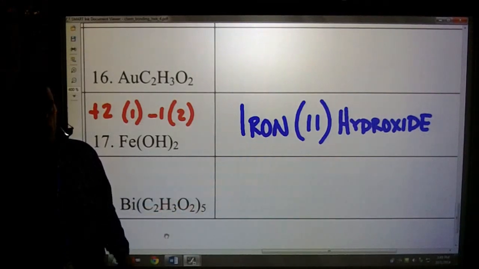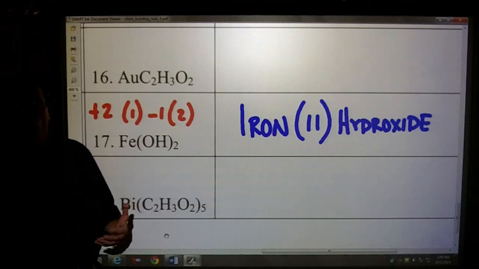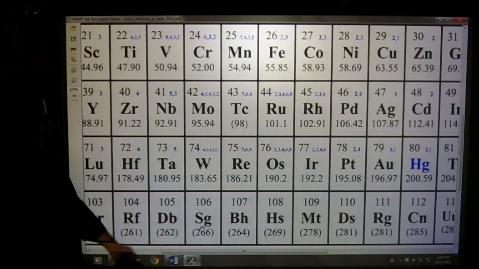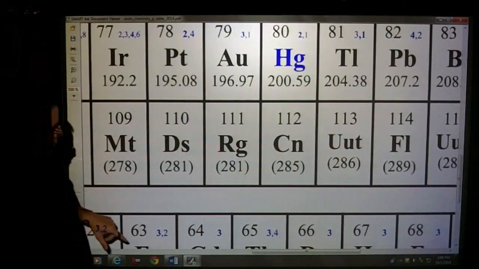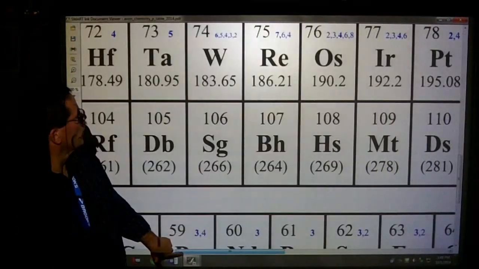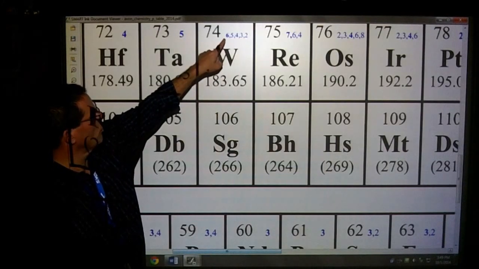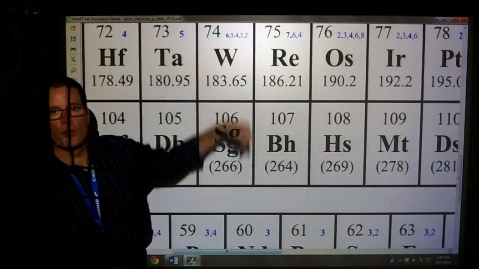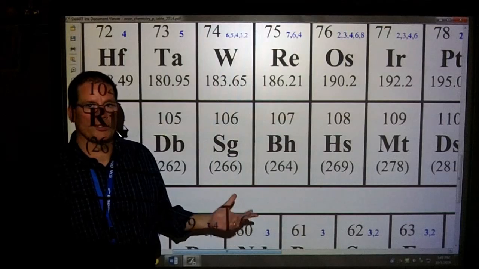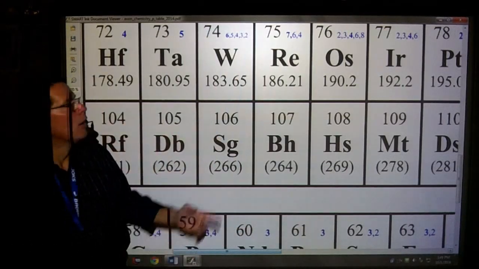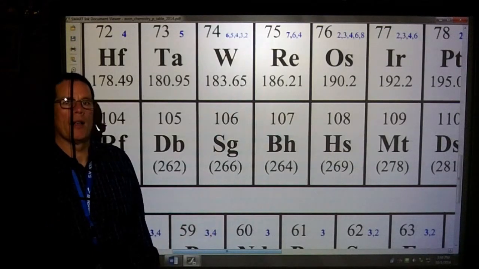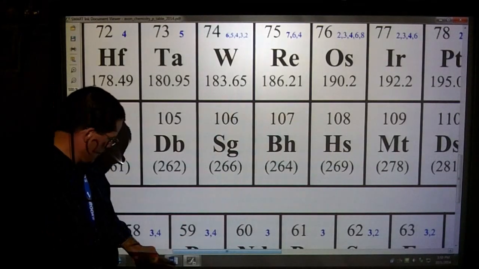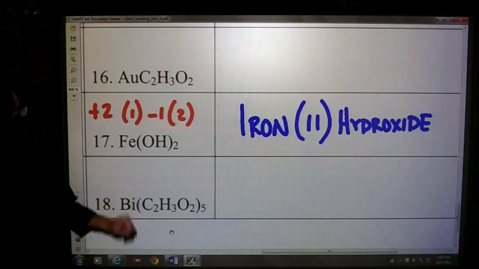Iron hydroxide doesn't tell us what the actual formula would be, because iron can have either a 2 or a 3 charge. And if we look at tungsten, where'd tungsten go? It's over here. Tungsten can either be a 6, a 5, a 4, a 3, or a 2 charge. So you can't just call something tungsten oxide. You have to tell what the charge on each tungsten atom is, if that were asked. And it will be. So I hope that this has helped out a little bit.